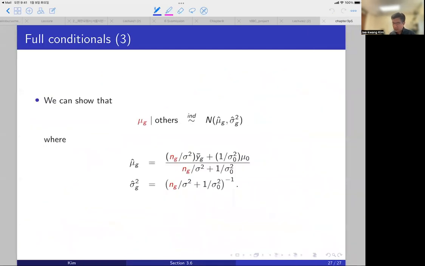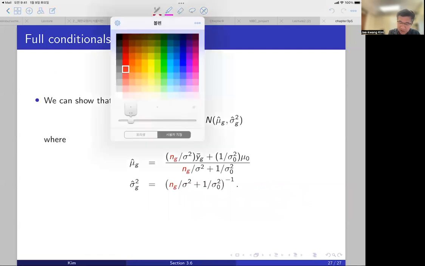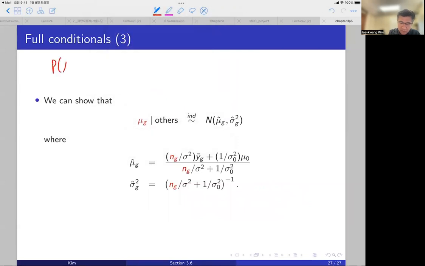Finally, same story here. You are interested in the posterior distribution of mu g given data y and z, which is g, and pi g, right?